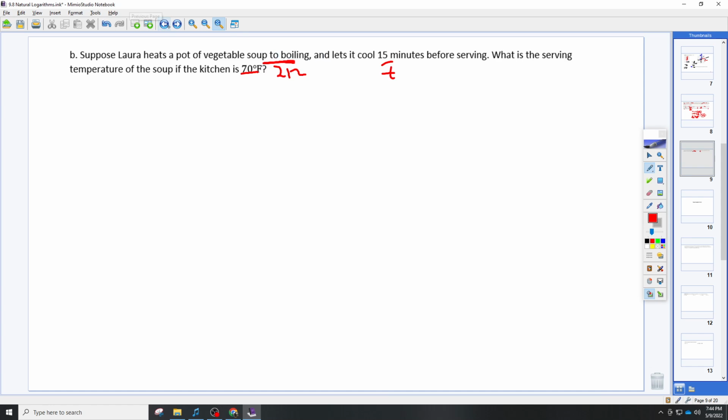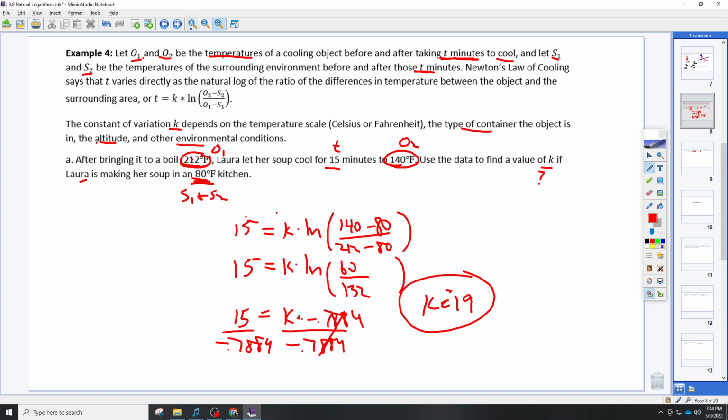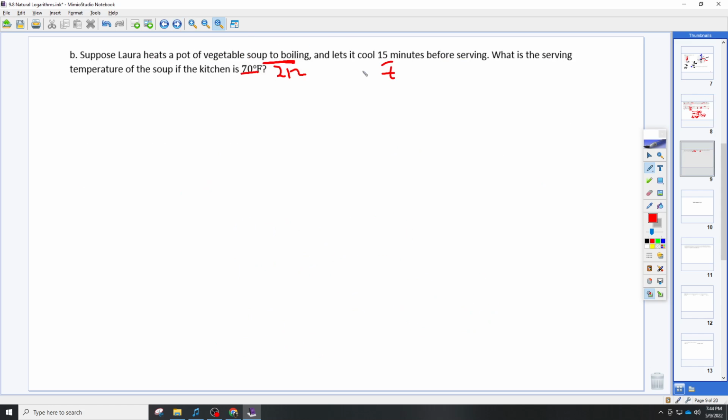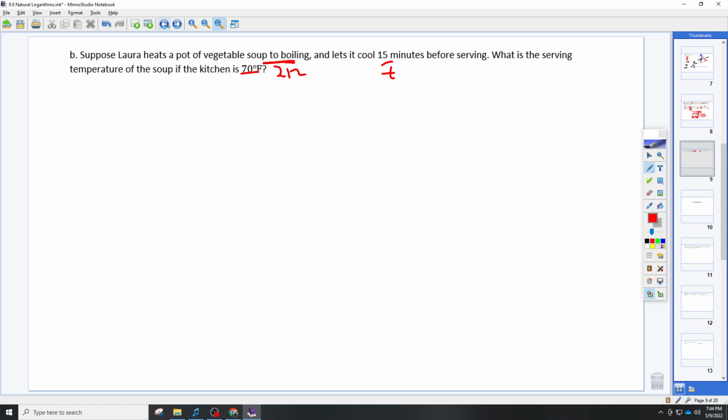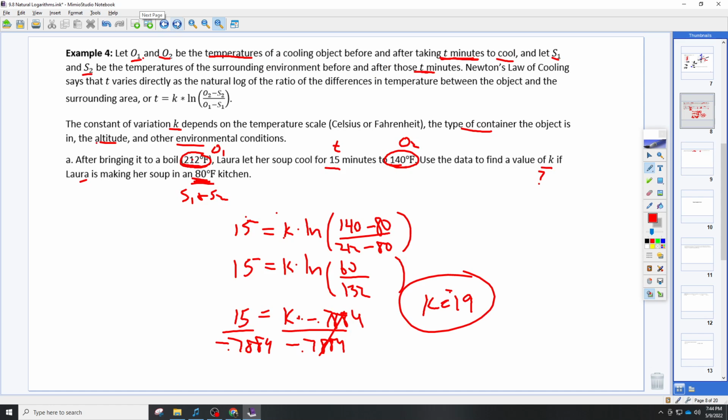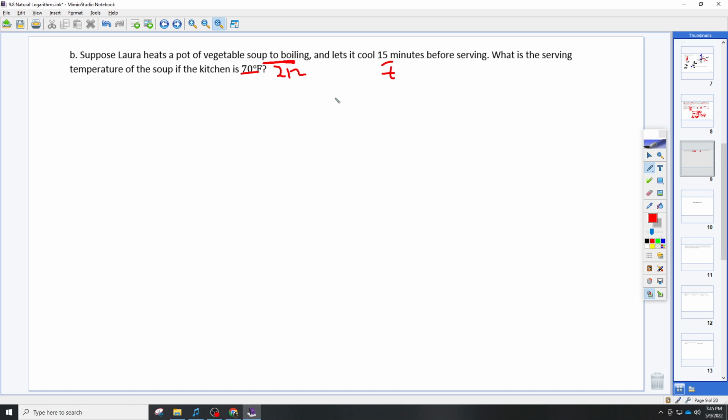This is going to be our starting temperature, I think, which was 212, right? Beforehand, what was that variable? O2 or O1? Oh, no, O1. All right.